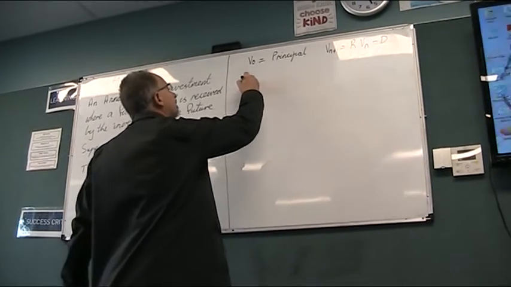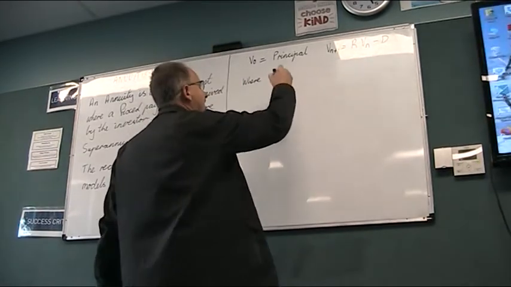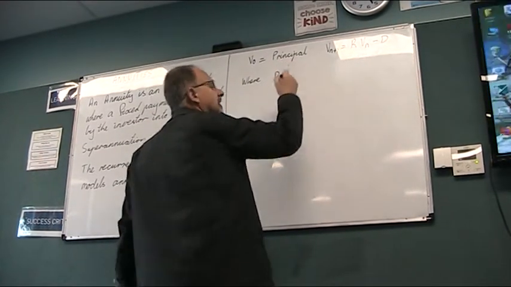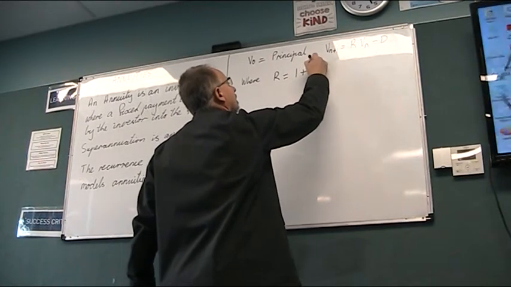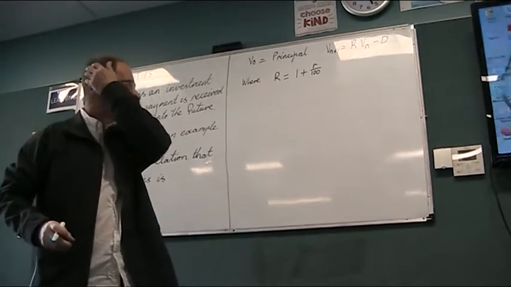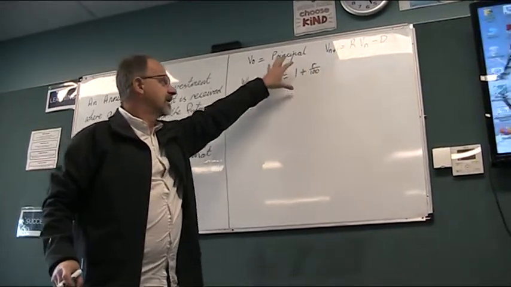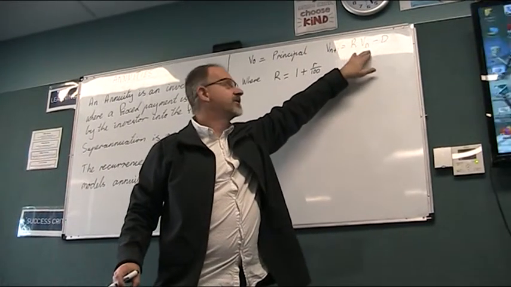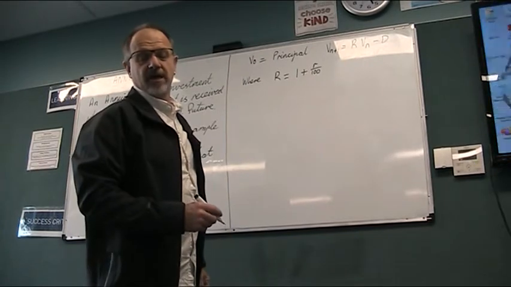All right, so big R is one plus little r on 100. That's working out your compound interest on this value after n payments.